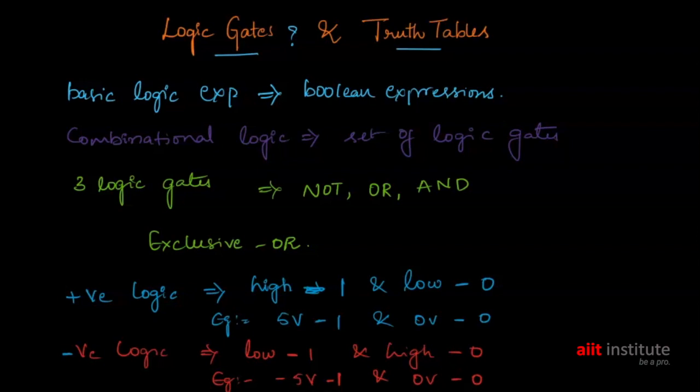So now let us try to understand what a truth table is. A truth table lists all possible combinations of input binary variables and the corresponding output of the logic system.